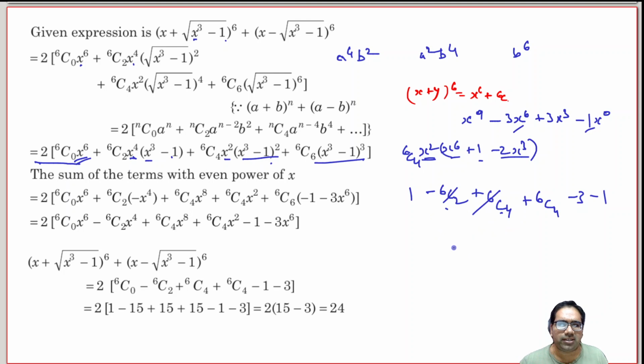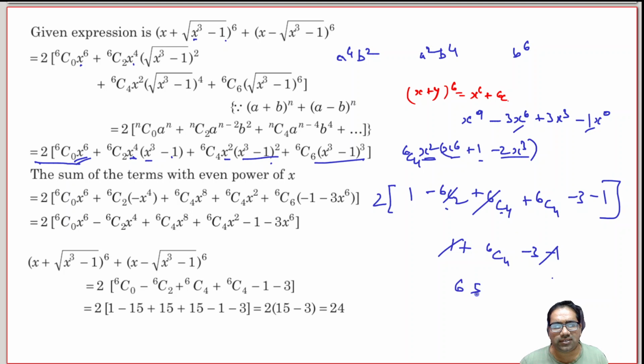nCr is equal to nC(n−r). So we'll be left with 1 plus 6C4 minus 3 minus 1. This 1 and this 1 also get cancelled, so it is all 2 times of this. That is 2 outside and all of this.